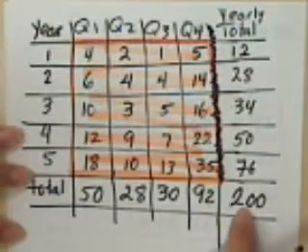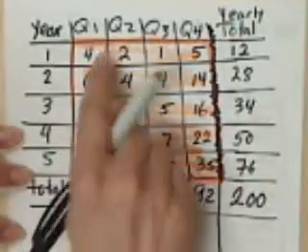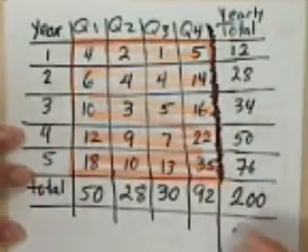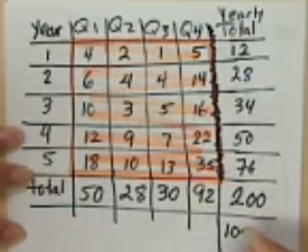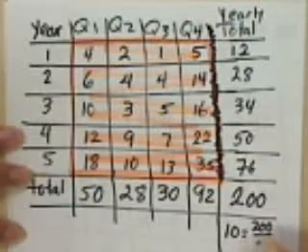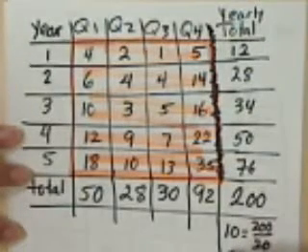The overall average would be the 200, which is the total sales, divided by the 20 quarters that I have. So 200 divided by 20 gives me 10. This is my overall quarter average.